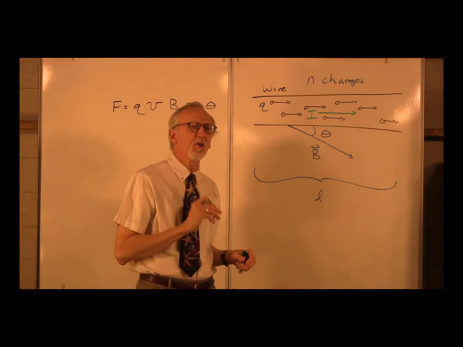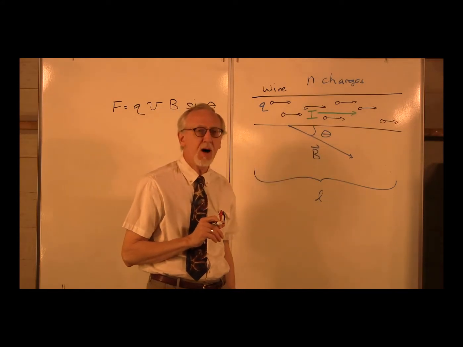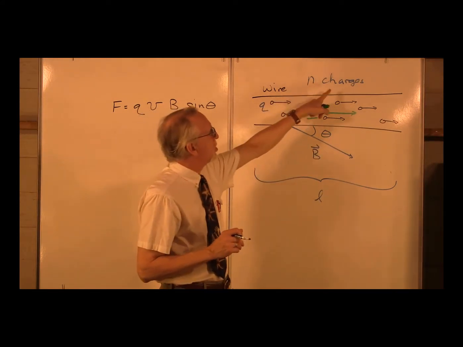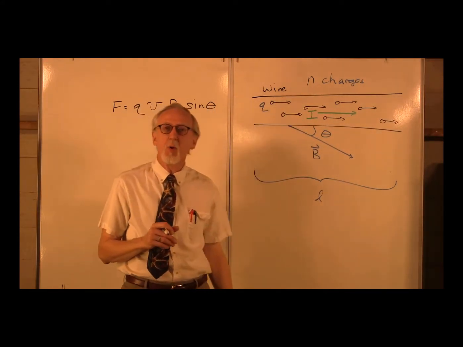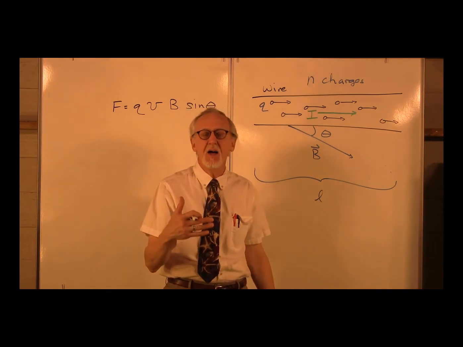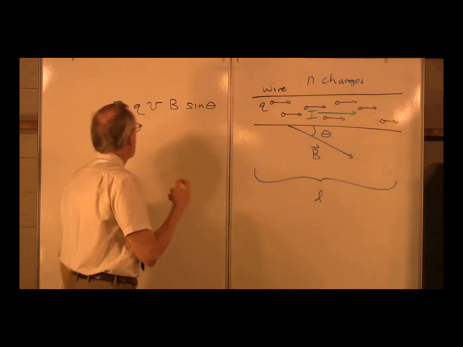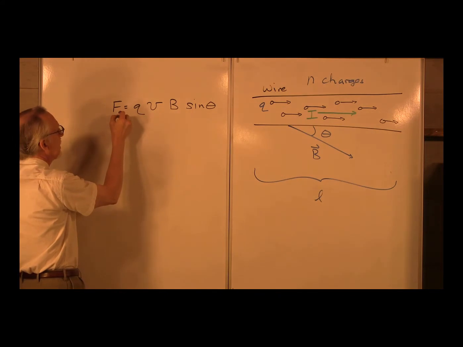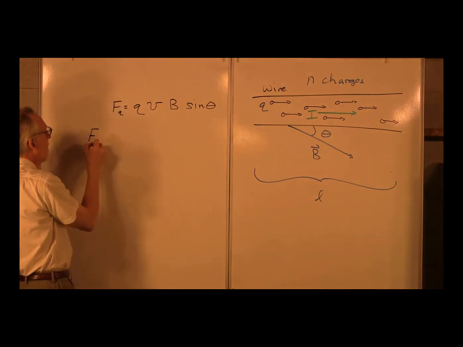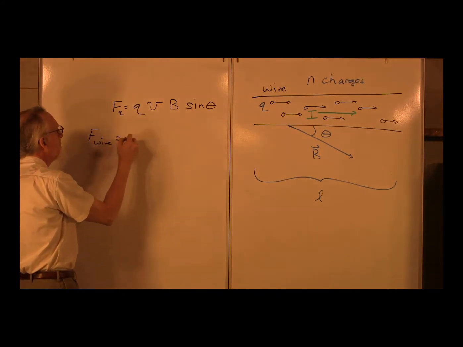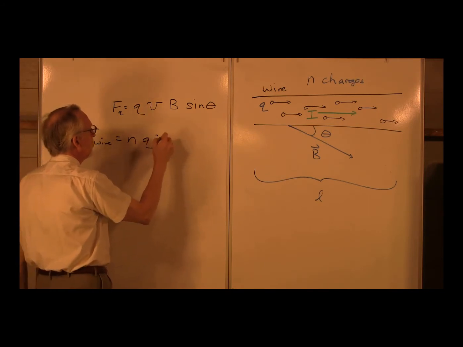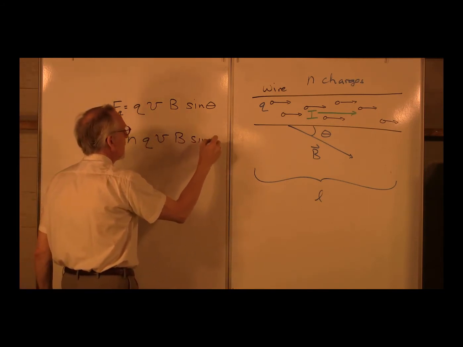What is the total force on the entire wire? We've got n charges. The force on the entire wire would then be n times the force on one charge. The force on the wire would be n times QVB sine theta.